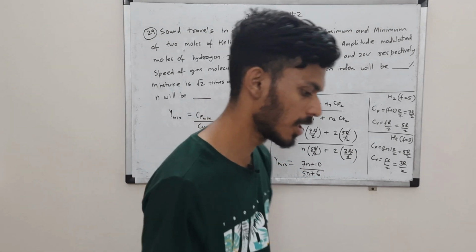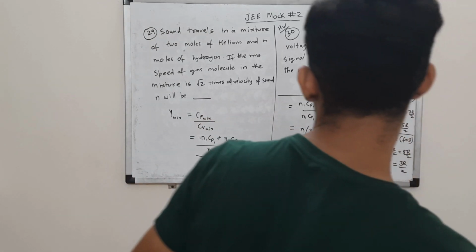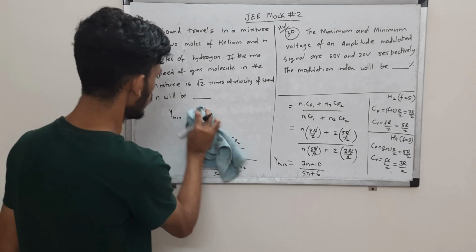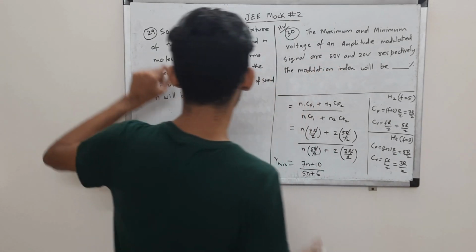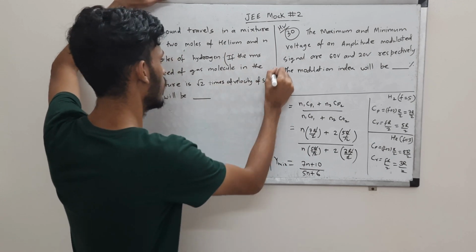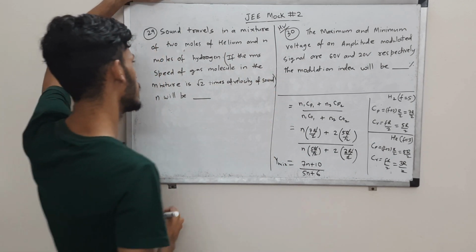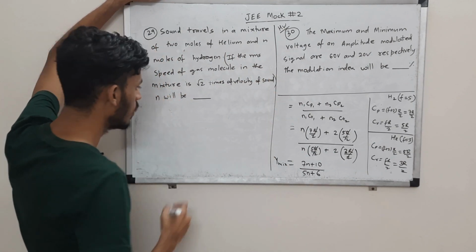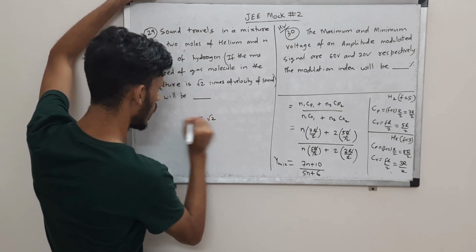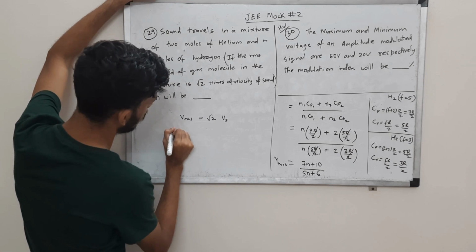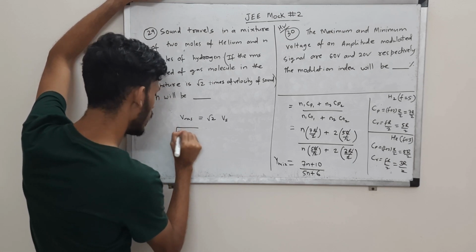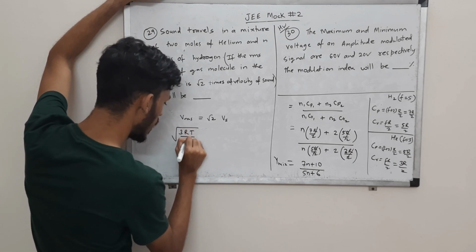Now gamma of the mixture can be found out using one more relation that we are given: the RMS velocity of the gas molecules is root 2 times the velocity of sound. So RMS velocity is given as under root 3RT by m, right?